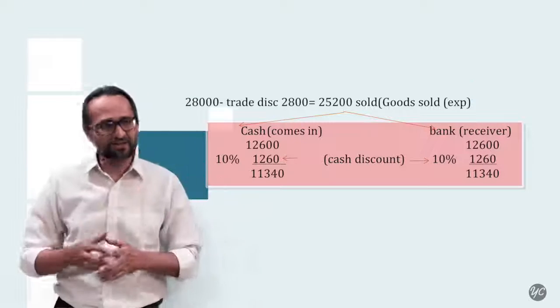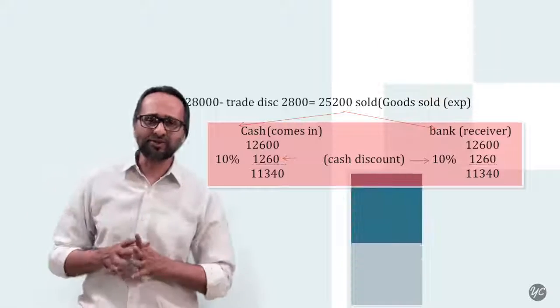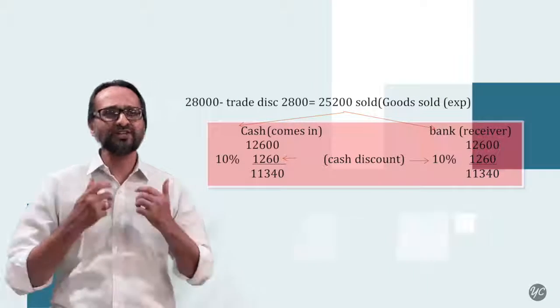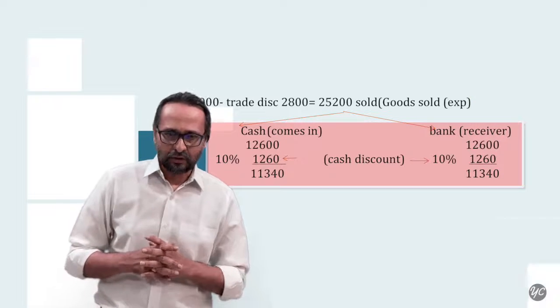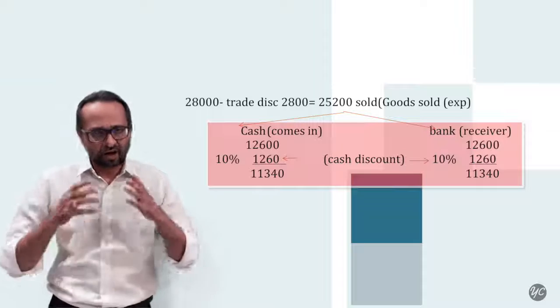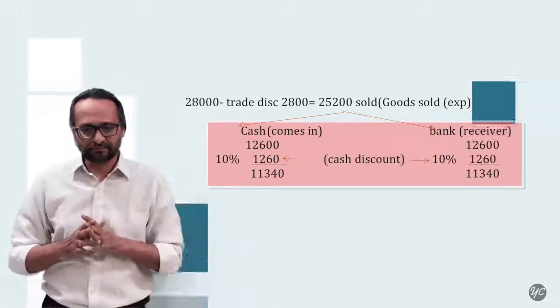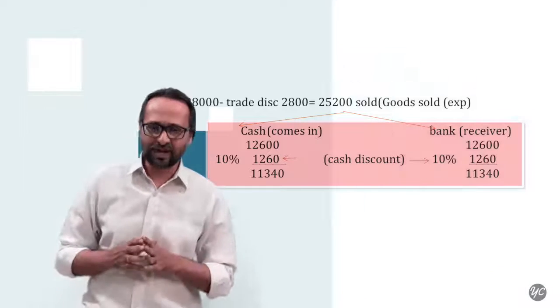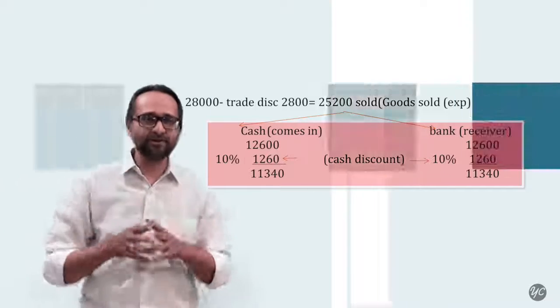But while receiving this amount, what happened? We are giving some discount to Riddhi, and that is known as cash discount, because Riddhi is making payment soon. So as a businessman, we are giving her a discount of 10%. Out of this 12,600 cheque amount and 12,600 cash amount, we are deducting 10% discount from both.